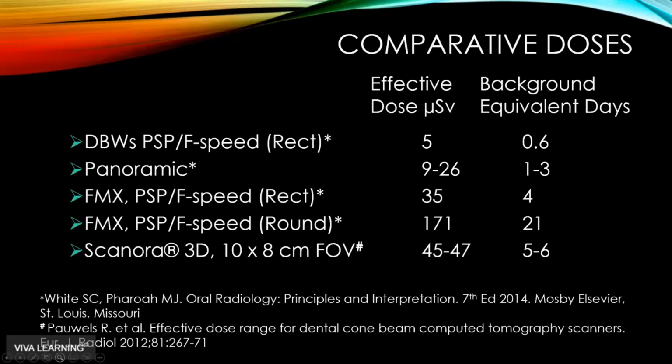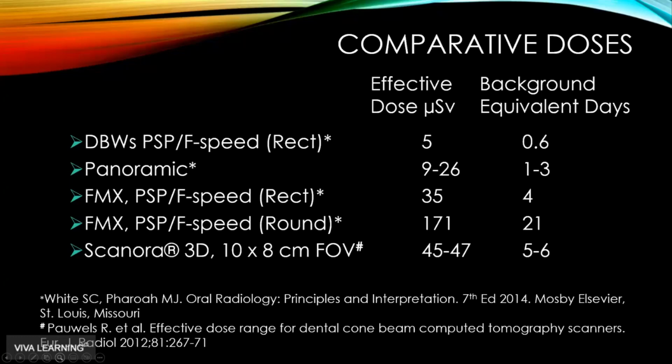When we look at a full mouth series, if you're using rectangular collimation, it's only 35 microsieverts. But if you switch to round collimation, look how much it jumps up: 171 microsieverts. That's 5 times the amount. And when you look at the ScanoraD 3D, which was the machine used in this particular study, it was 45 to 47 microsieverts.